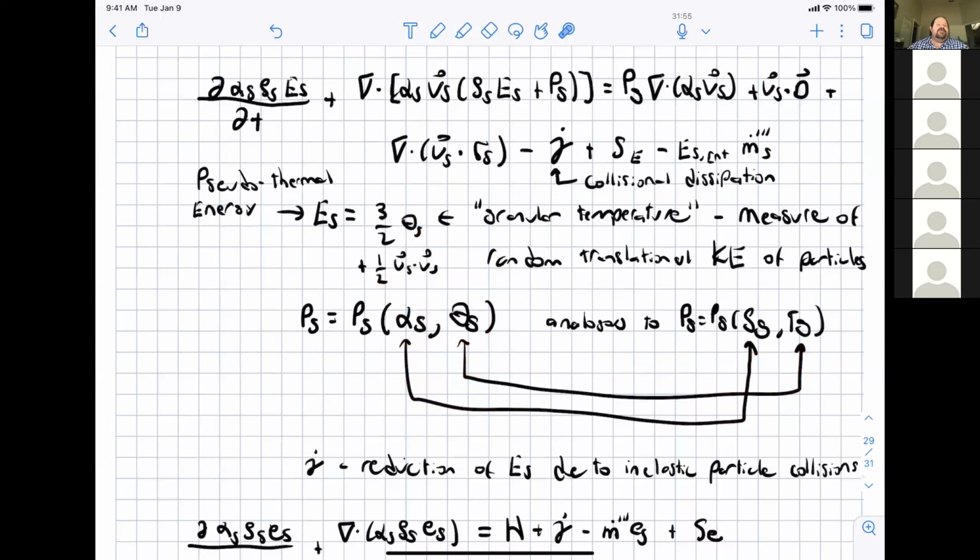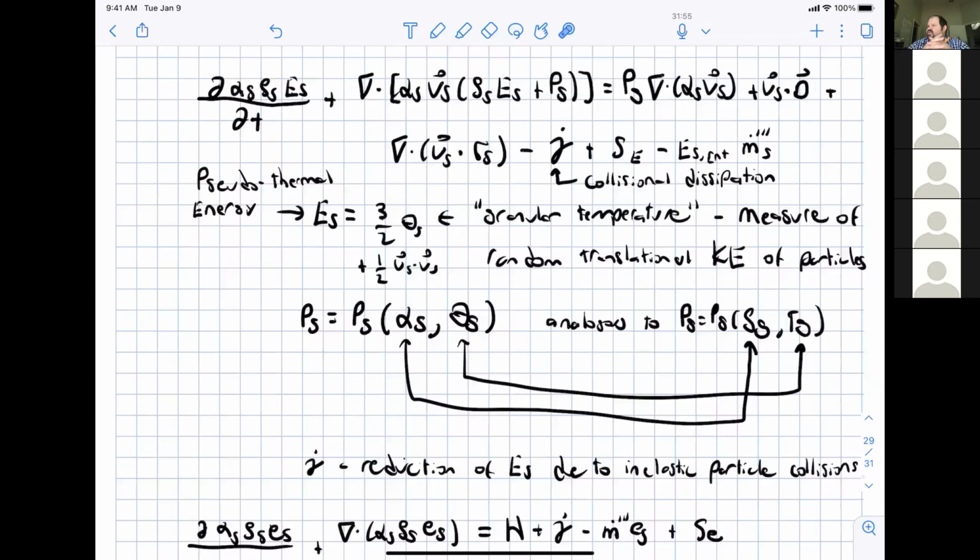This is analogous. The ideal gas version of the solids pressure isn't very useful, so there's only a real gas version of it. However, the real gas type of equation of state for the solid particles does not have nearly the complexity that it does for a gas, because a lot of the complexity of the gas equation of state comes from how the molecules interact at very high pressures when they get very close to each other.